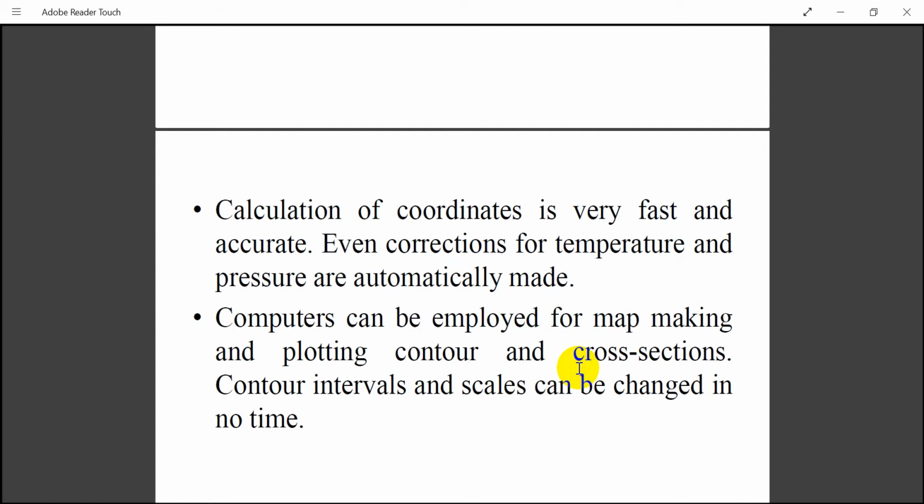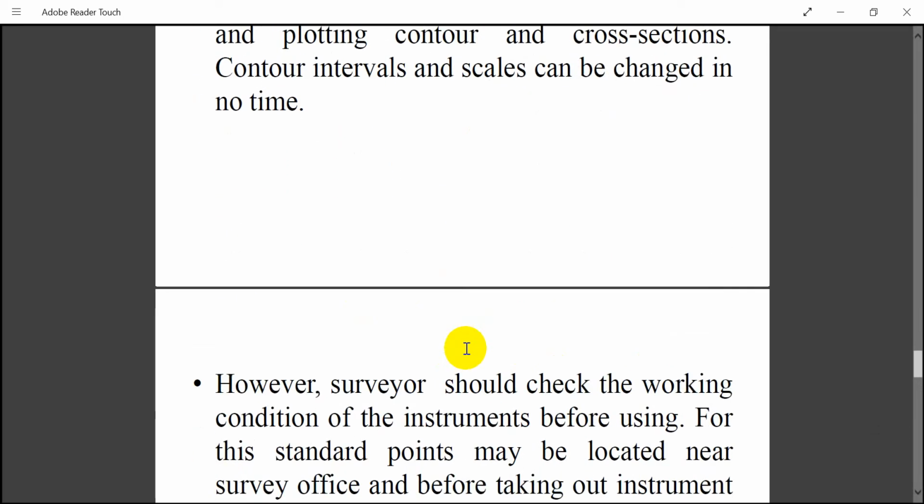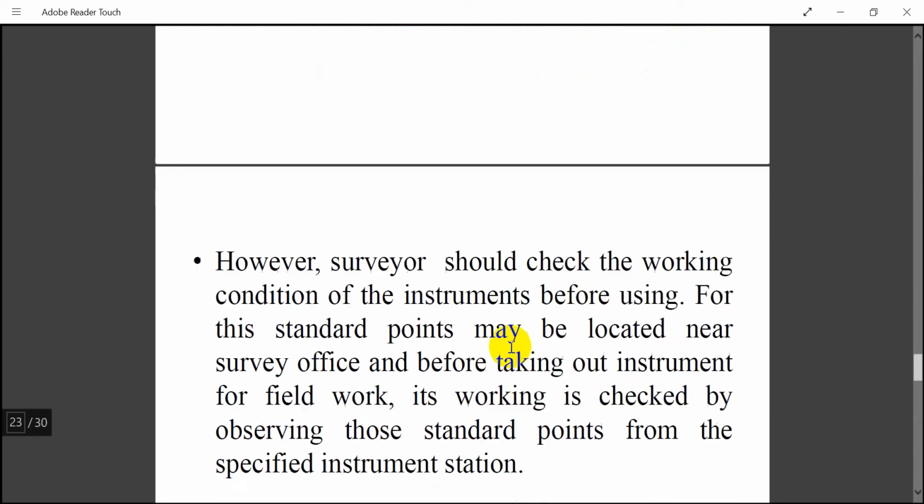We can give commands to the system and it will give the picture directly. Contour interval scales can be changed. So everything we can do with the system. Before, we had to write down everything in the data book and field book, then work on paper later and do it manually. But this is super fast because everything is in digital format.